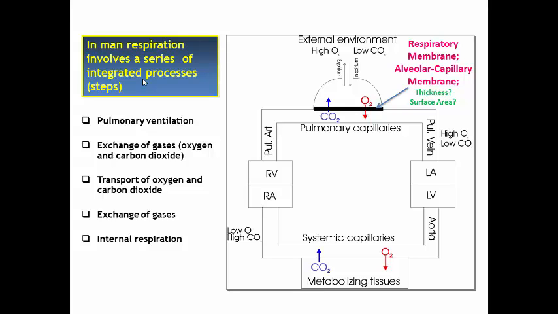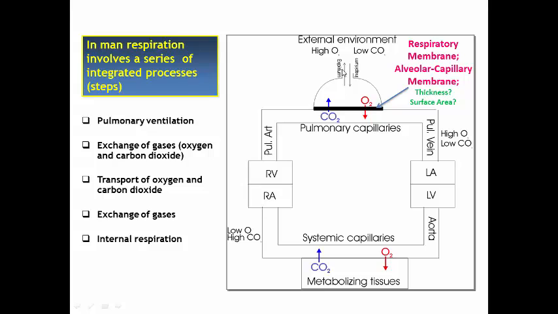The first step in respiration in humans is pulmonary ventilation. And by pulmonary ventilation, we mean the inflow of air during inspiration and the outflow of air during expiration. In other words, we mean the breathing movements of inspiration and expiration.